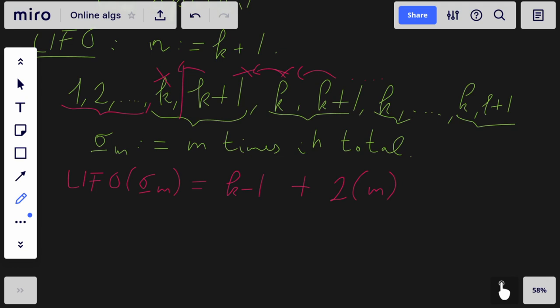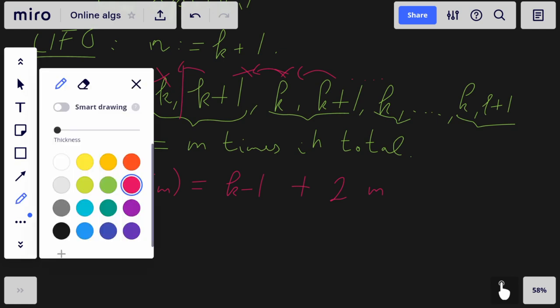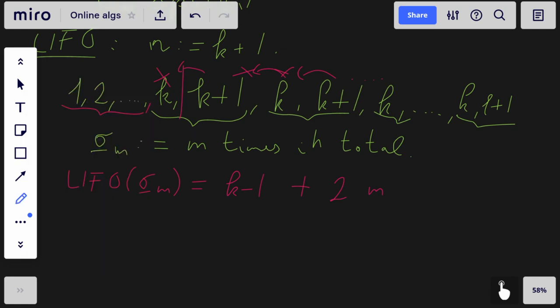I don't have to use parentheses here, so it's just 2 times m. Cool. So it pays for each request, since it always discards the one which just arrived.